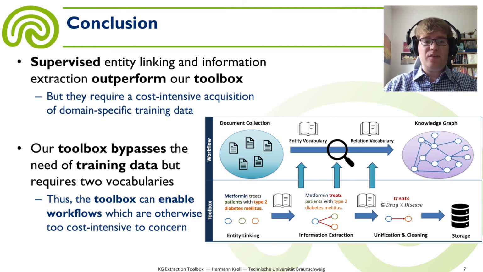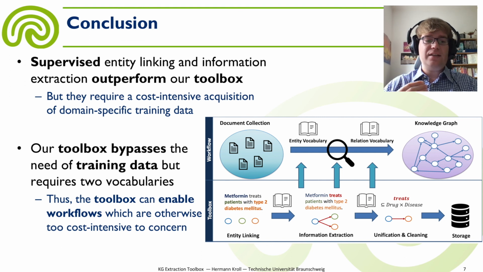We know that supervised entity linking and information extraction outperform our toolbox. So if you have training data, then this will be better than using our toolbox. But training data require a cost-intensive acquisition, which might be very exhausting in a domain and might hinder the construction of a knowledge graph in practice.